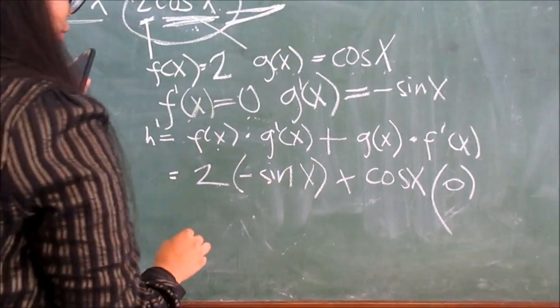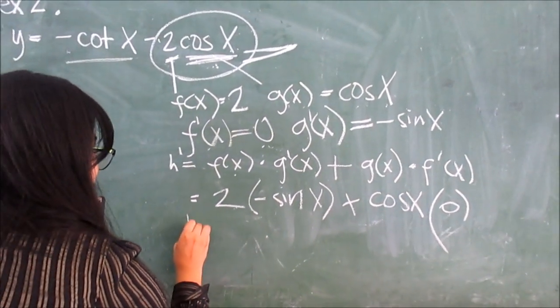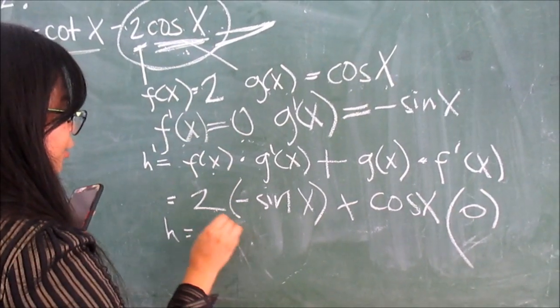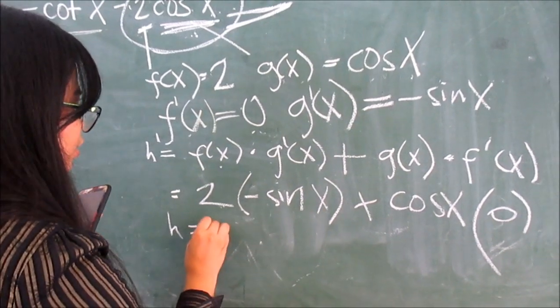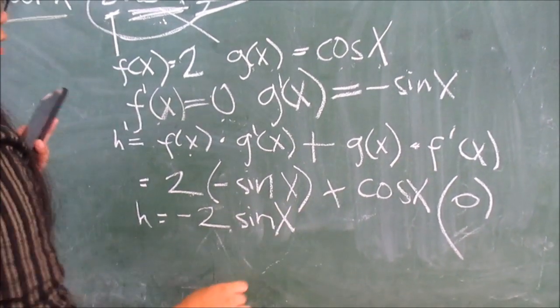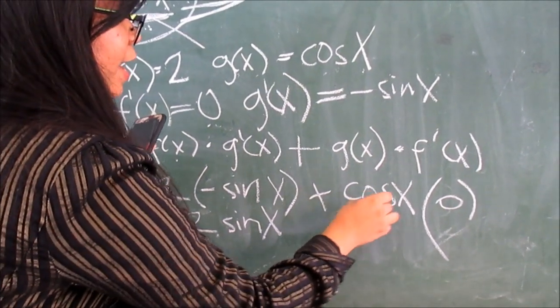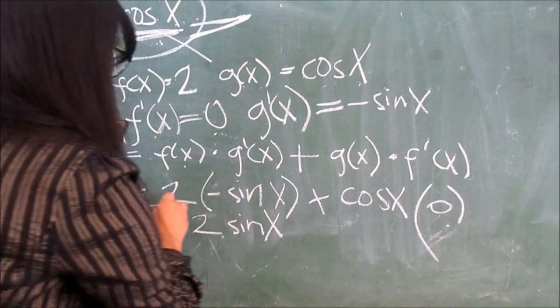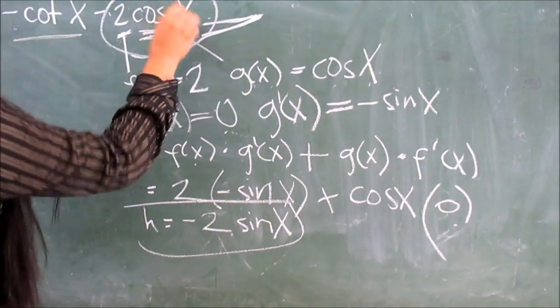So, we have the result. Ang derivative na ito ay 2 times negative sine x is equals to negative 2 sine x. And then, cosine x times 0 is equals to 0.